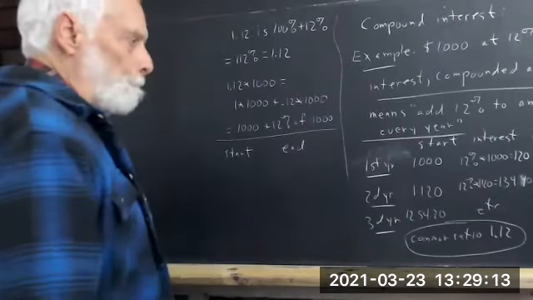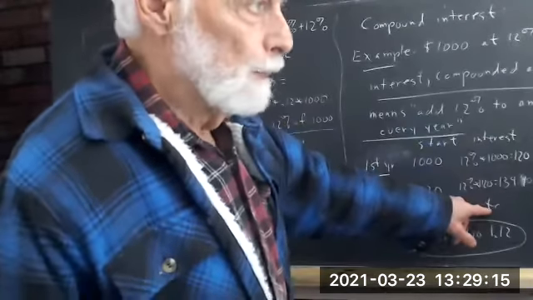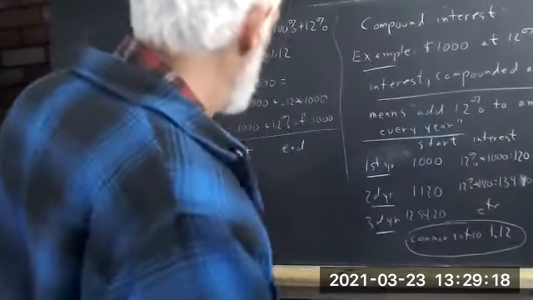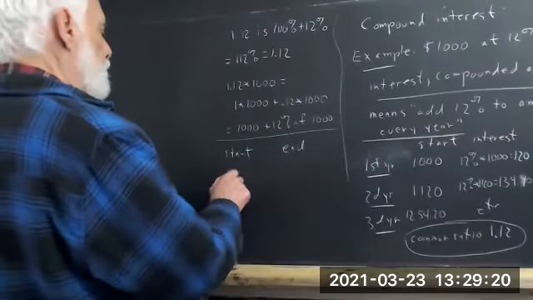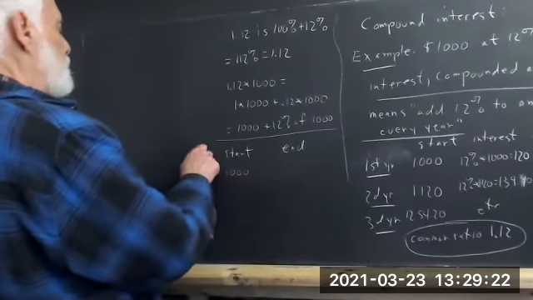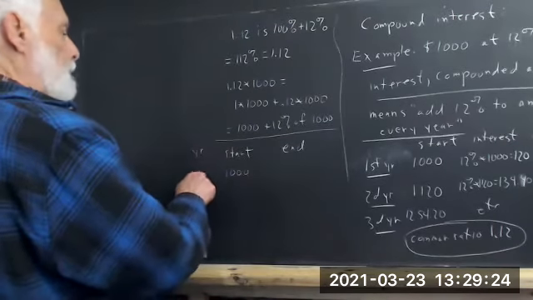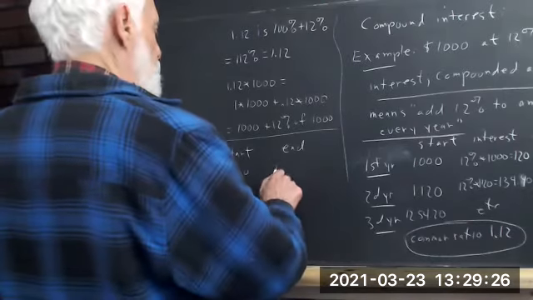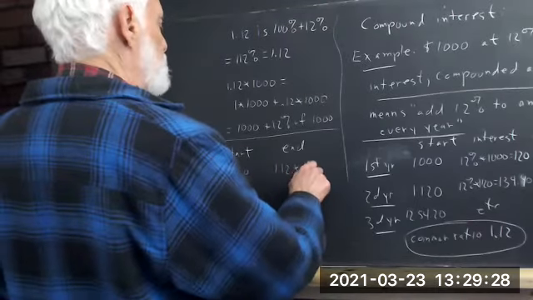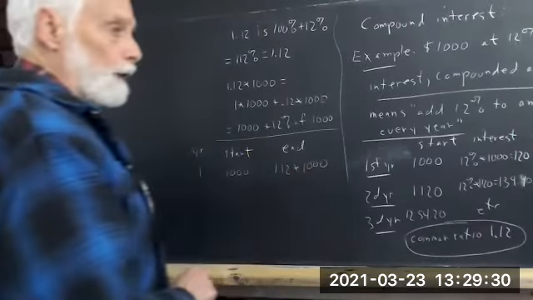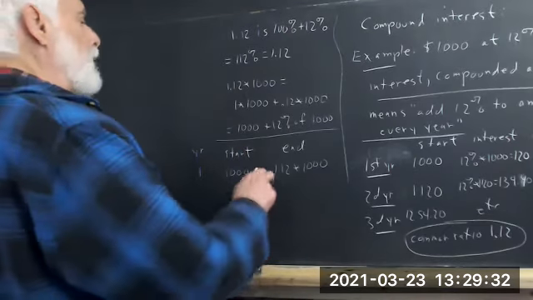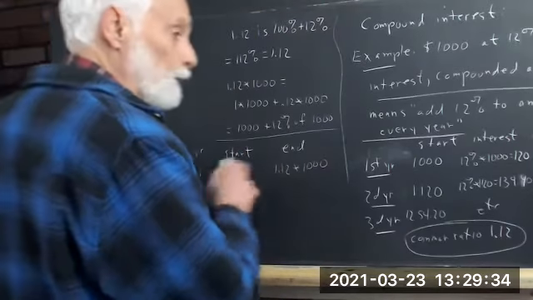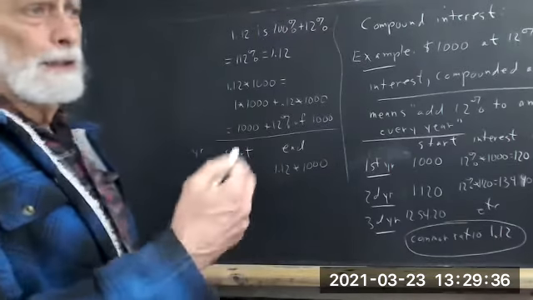We can skip calculating the interest. We can say we start with $1,000, and let's put the year here, and we end with 1.12 times $1,000. Because multiplying by 1.12 is the same as adding 12%.